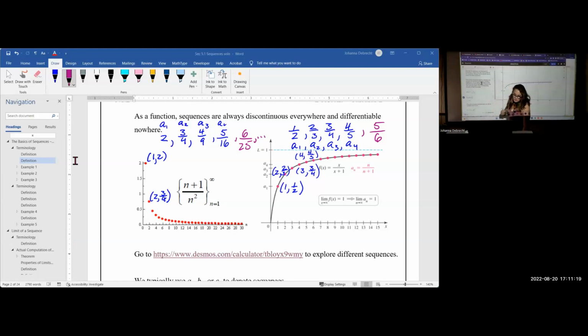Now, if you're looking at this one right here, this is what the sequence looks like. If you highlight that circle and you turn it on, it will graph the function, which you can see here as a dashed line. And you can tell that on this particular one, the sequence, which is the discrete dots, is following the pattern of the function, which is represented with x.